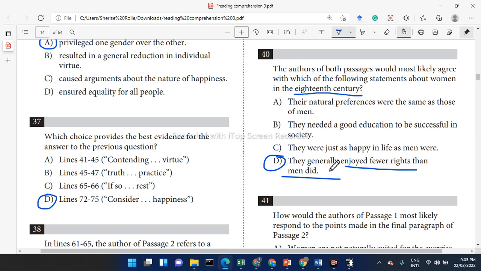That's what they're trying to say. So the few rights they had, they enjoyed, but not in the literal sense that you understand enjoy, but in the sense that it was something that was provided to them.